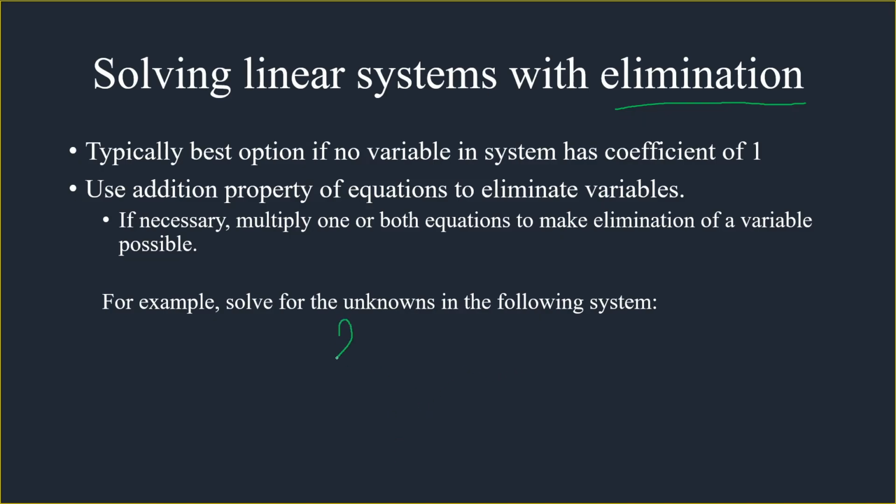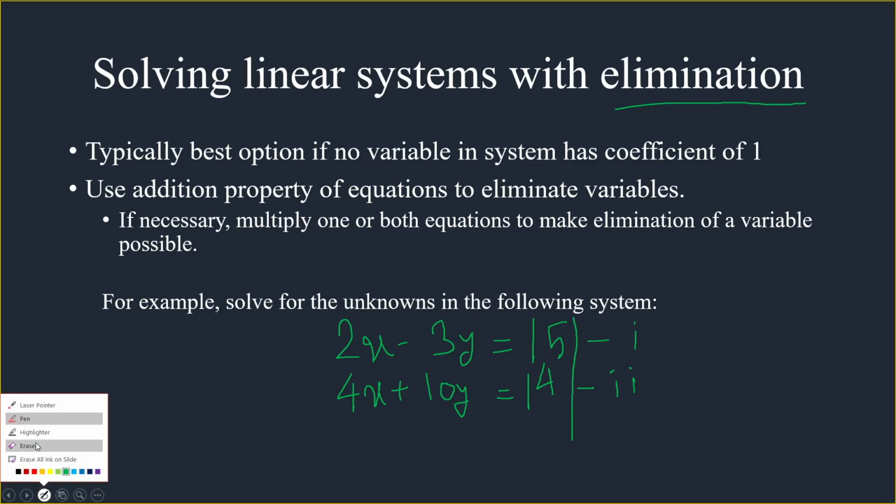Let's assume we have a system here: 2x minus 3y is equal to 15. Let's call this equation 1, and the second one is 4x plus 10y is equal to 14. Let's call it equation 2. These equation marks are for myself, so it will be easier for me to solve these problems, right? Now let's solve this one.